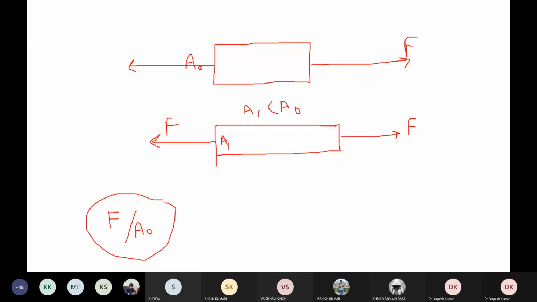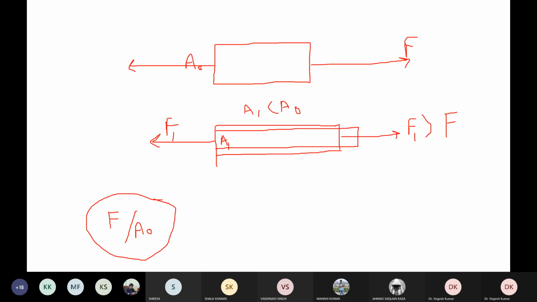But when we are talking about engineering application of stress, if you further increase your force, suppose now you have increased force from F to F1, where F1 is greater than your initial force F, again this will reduce your cross-sectional area, and there will be a considerable increase in length, obviously.